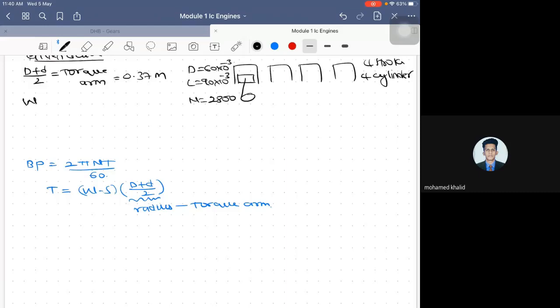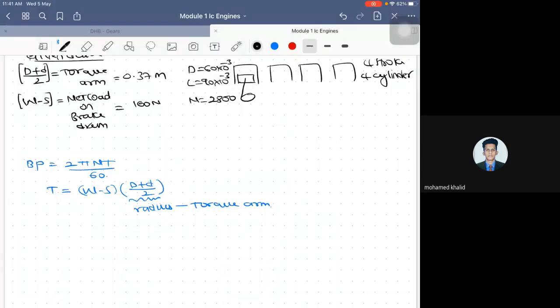It is W minus S, correct? So W minus S is the net load on the brake drum, and it is 160 newtons.